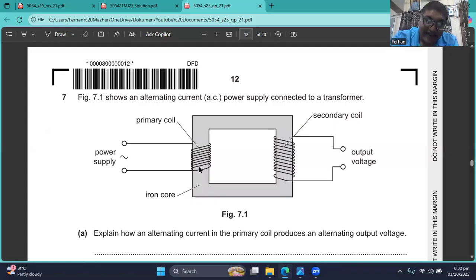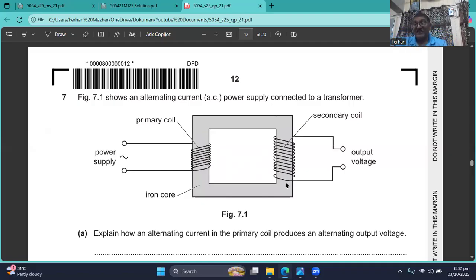The magnetic lines of this electromagnet pass through the iron core and through the secondary coil. In one half cycle of this alternating current, for example if the top is north, the magnetic lines flow like this, and in the other half of the cycle, they flow like this. So the magnetic flux passing through the secondary coil is periodically changing.